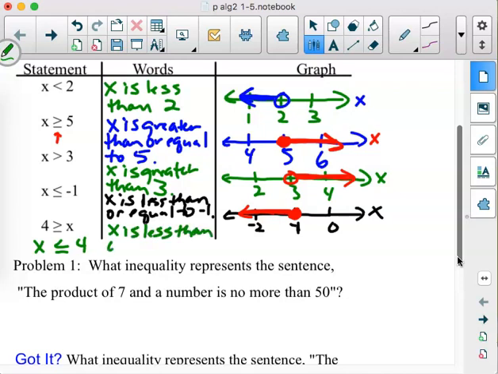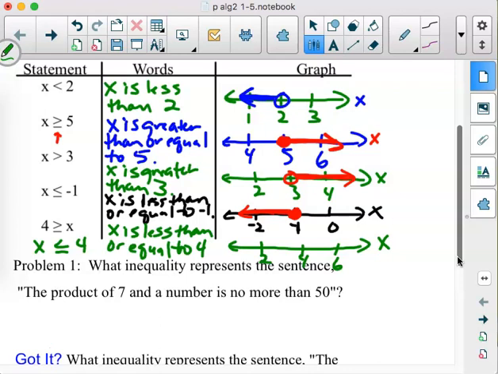X is less than or equal to 4. 3, 4, 5. Oh, you know what? No, I'll be different this time. 2, 4, 6. That's exciting. So my intervals are the same length. They're just going by 2's this time.